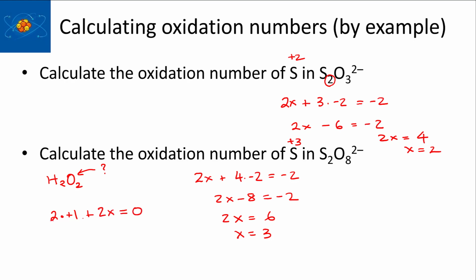And then when I do my calculation, I have 2 plus 2x equals 0, which means x has to be minus 1. So this is one of those instances where oxygen doesn't get to be minus 2. When it's bound to another oxygen, it becomes minus 1.